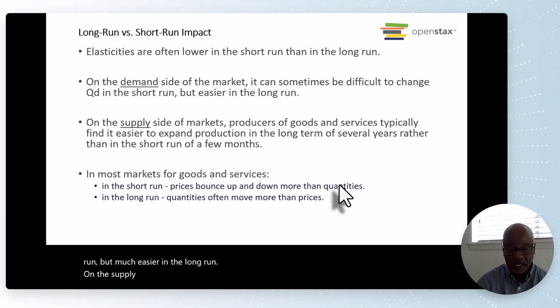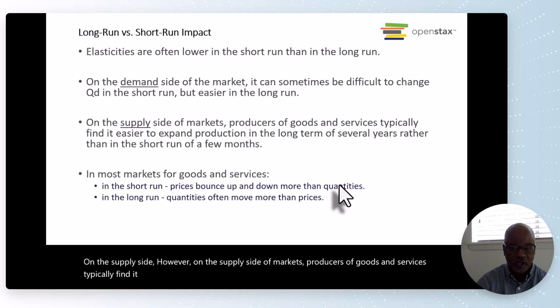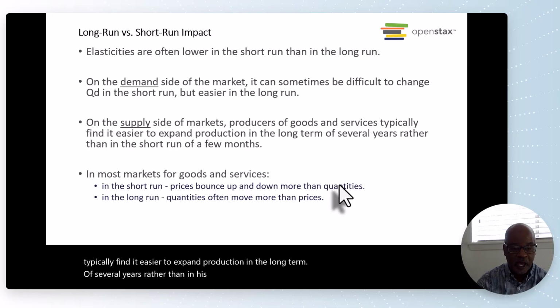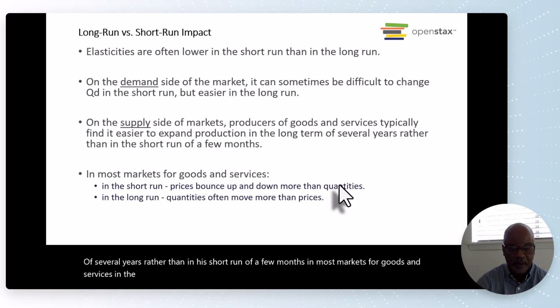On the supply side of markets, producers of goods and services typically find it easier to expand production in the long term of several years rather than in the short run of 2 months. In most markets for goods and services, in the short run, prices bounce up and down more than quantities. In the long run, quantities often move.